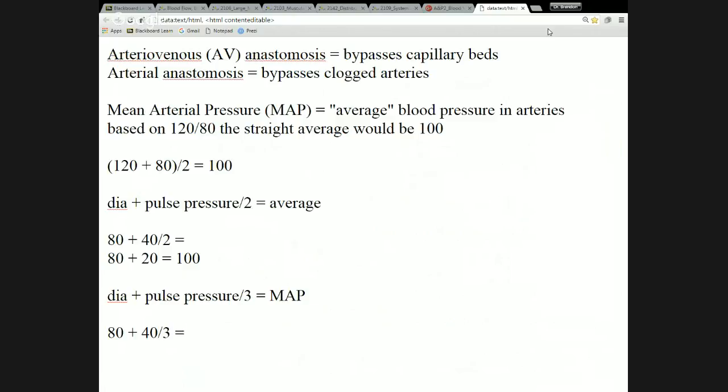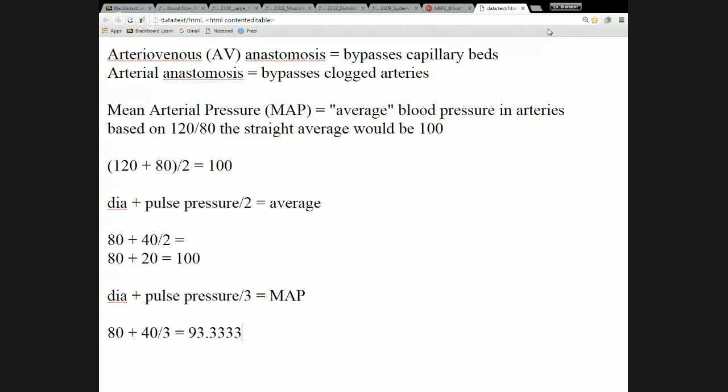If you do that math, divide 40 by 3 and then add that to 80, the number you get is 93.3333. That's what mean arterial pressure is for 120/80.